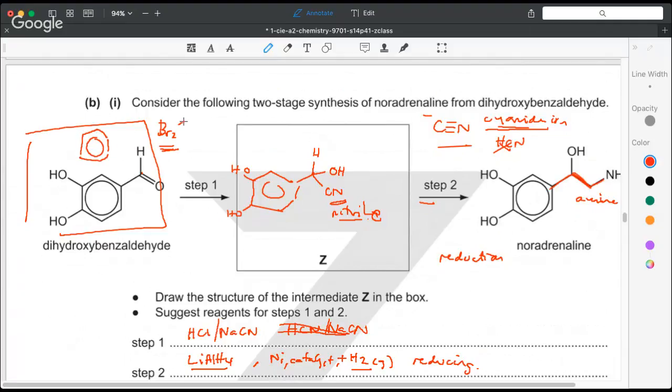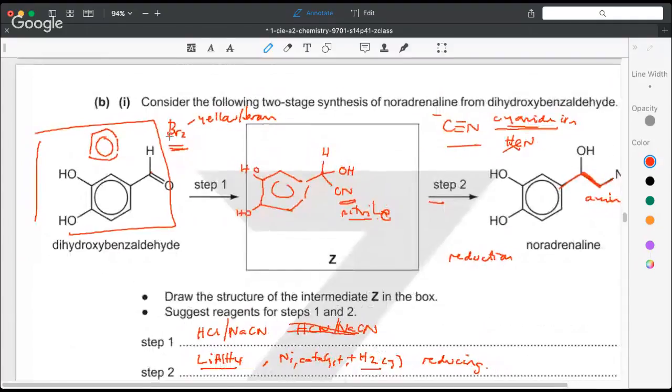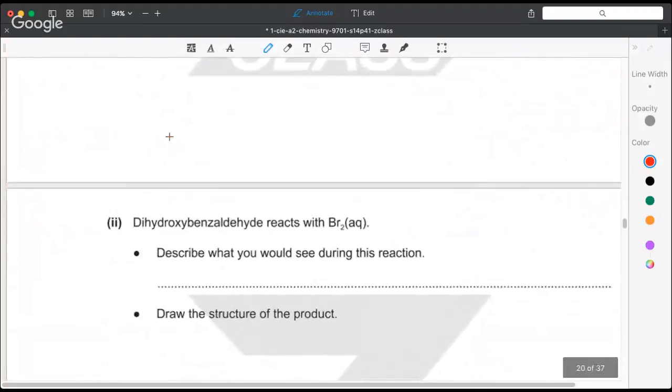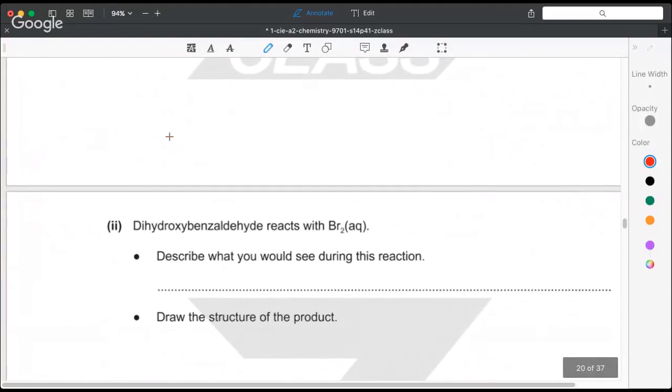Okay, and you need to know that bromine is a kind of yellow-brown color. All right, and as the bromine gets used up, that yellow-brown color disappears. So going down, describe what you'd see. Well, what you'd see is that the orange-brown color is going to get used up, and you'd see the orange-brown color disappear, I suppose.